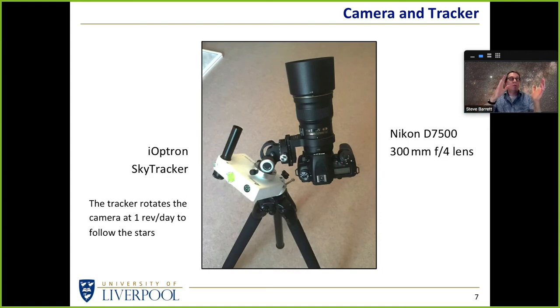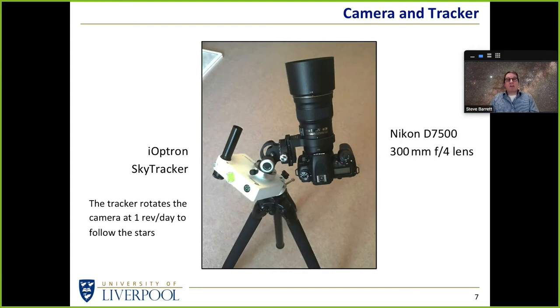So as the sky moves, so the camera should track the sky, because as the Earth is turning, this will be turning in the opposite direction at the same rate, and so the camera ought to stay pointing at the same star. So that's all it is, a motorised box with a few batteries in it and a motor that will track at 1 revolution per day. As I say, there are a number of different designs of commercial trackers available, or indeed you could build one for yourself if you so wish.